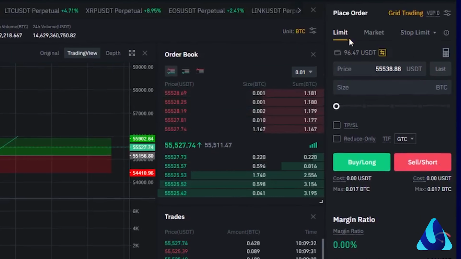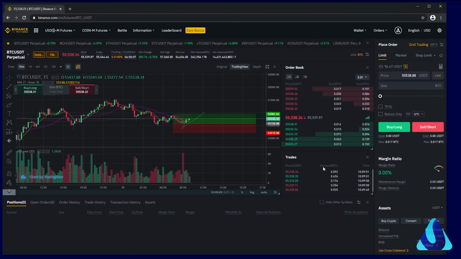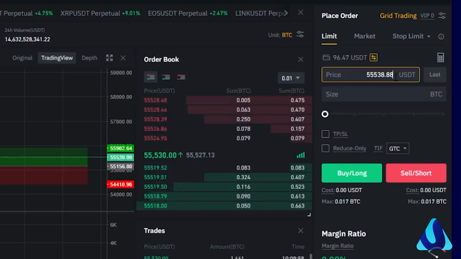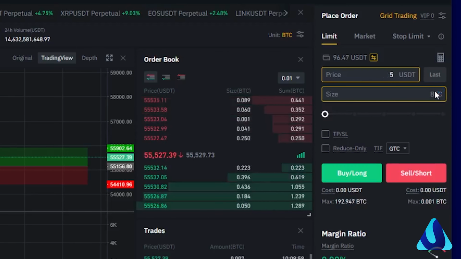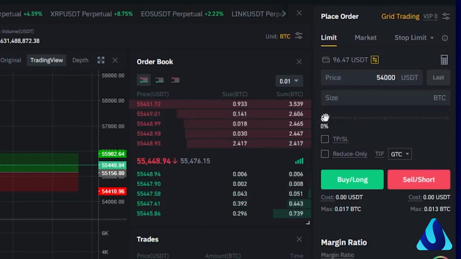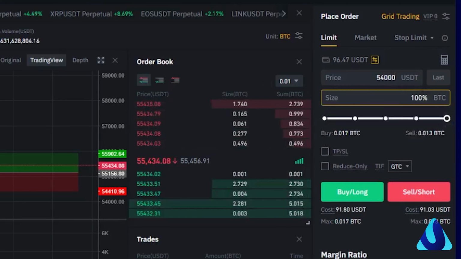So let's look at the limit and market orders. A limit order allows you to set a trade that you want to get in at. So let's say currently the market is at 55,000. I think the market is going to be at 54,000, and let's say I just want to use my full balance in this.